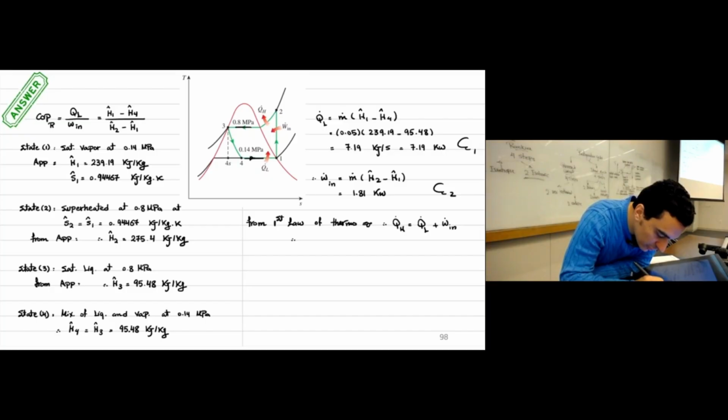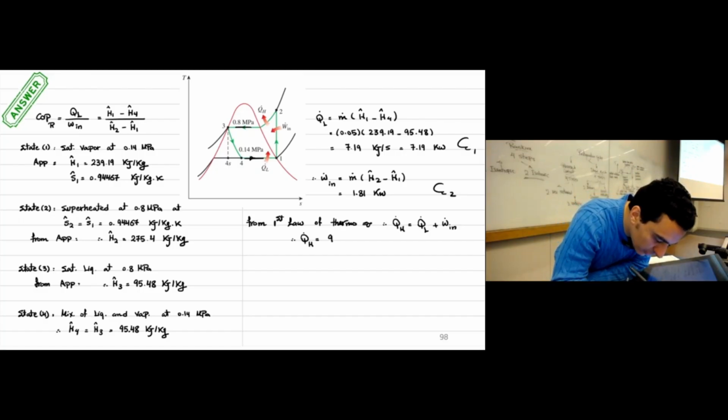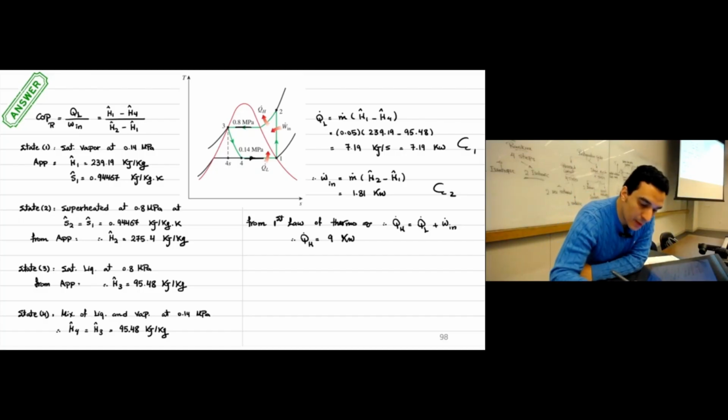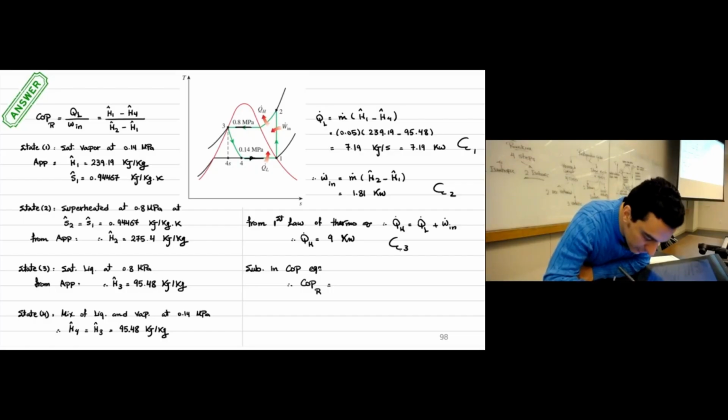So if you substitute here, then the amount of heat at the higher temperature part of the cycle, this will be 9 kilowatt. And this is the third requirement. And last thing that you can substitute in coefficient of performance equation, then you can say the coefficient of performance of this refrigeration cycle, this one will be 3.97. And this is the last requirement you have.